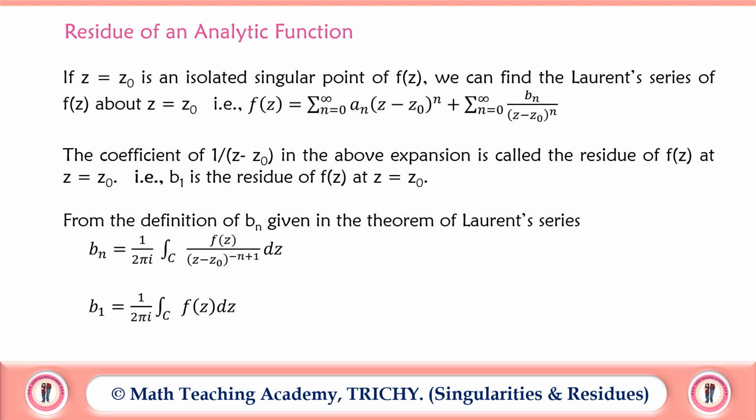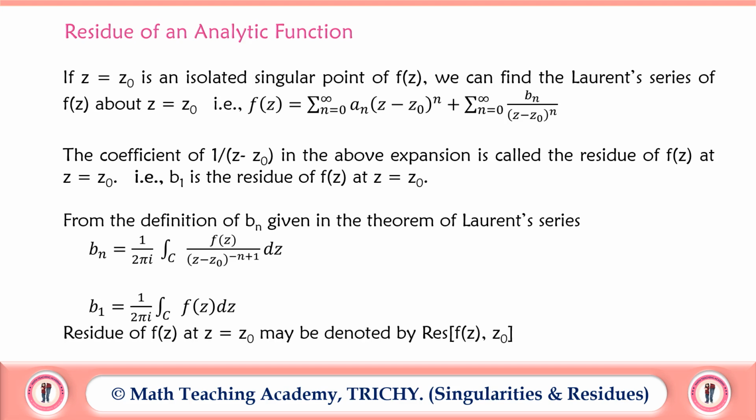So this is the formula to find the residue of an analytic function. The residue of f of z at z is equal to z naught may be denoted by Res of f of z comma z naught. This is the notation to denote the residue of a given function f of z at a particular point z is equal to z naught.